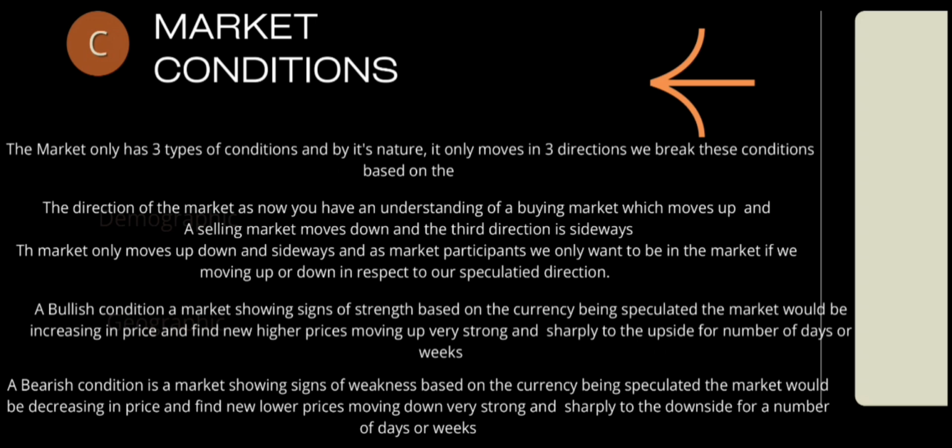So, market conditions are the current behavior and structure of price movements in the forex market. Think of it like the weather. You need to know if it's calm, stormy, or changing before making a move. Okay. This is when the market is clearly moving in one direction, either up or down.